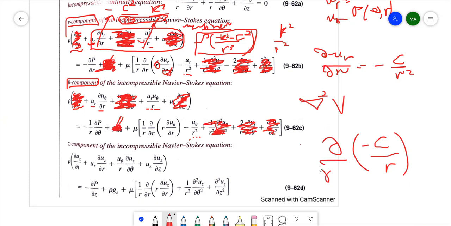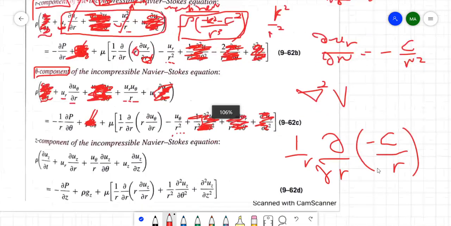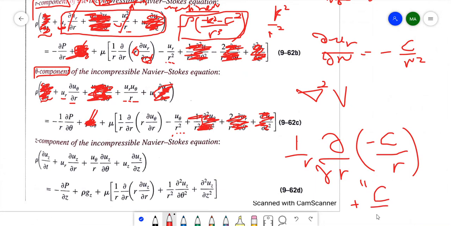And now again, derive with respect to R, and after you derive, multiply by 1 over R. So what's the derivative with respect to R now? The derivative with respect to R for UR is going to be minus, and then multiply again by minus, so it's positive, C over R squared, and then multiply by 1 over R outside, so it is C over R cubed. Okay, so all of this is C over R cubed.